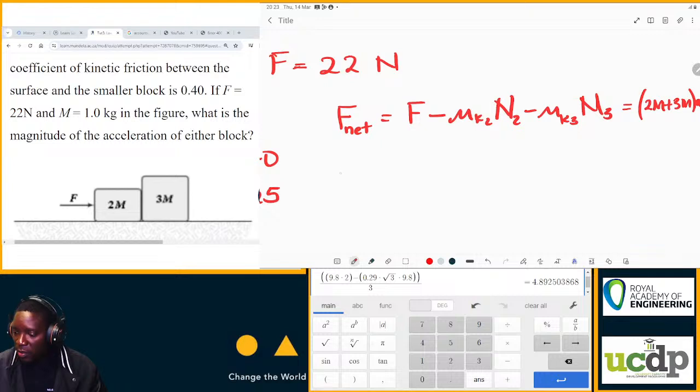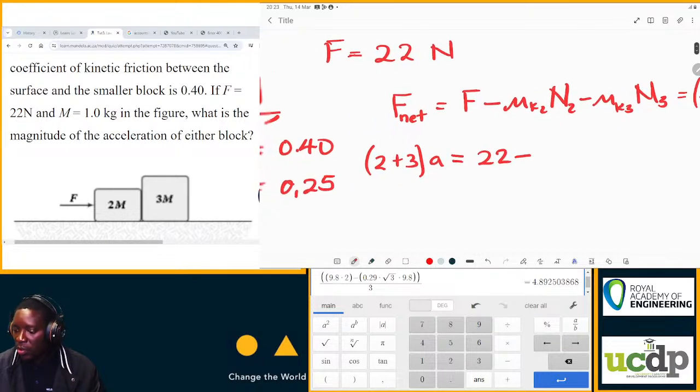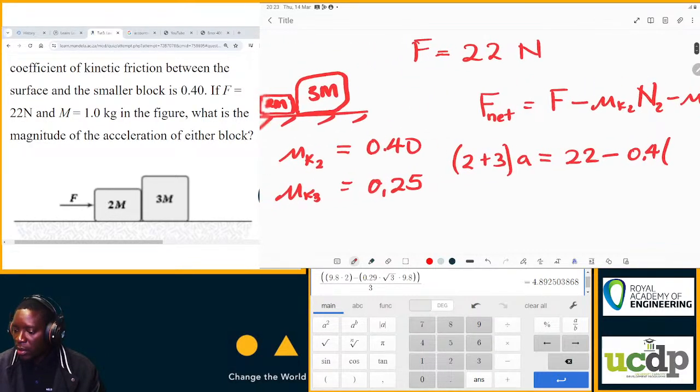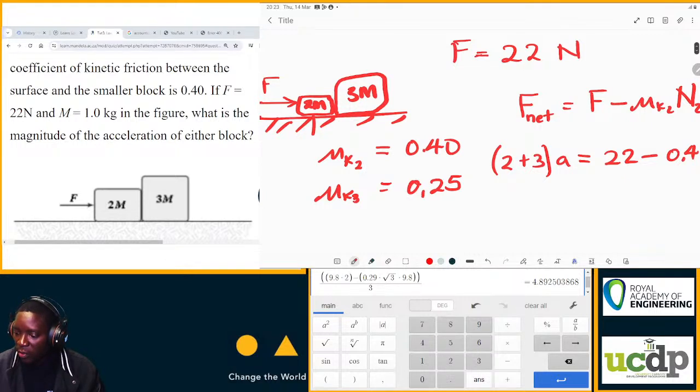So m is 1, so it's 2 plus 3 multiplied by A, that's F net, equal to 22 minus mu k2, which is 0.4. We've got a weight due to 2 and a normal on 2. These are equal but opposite.